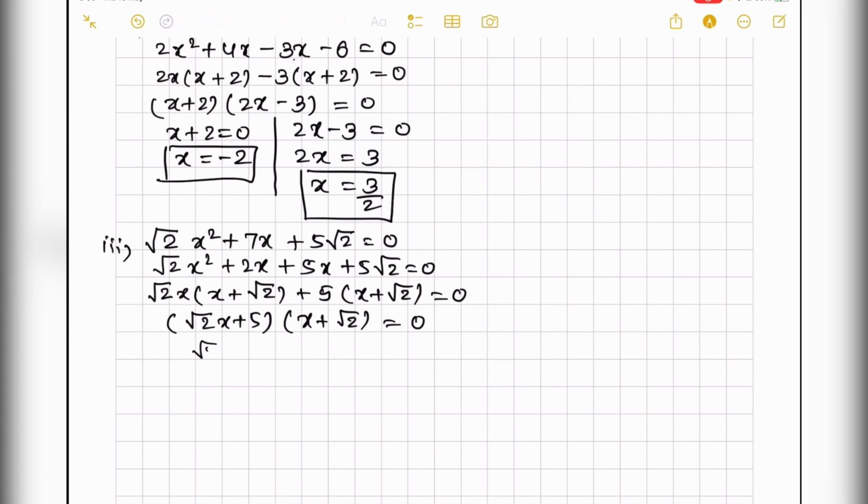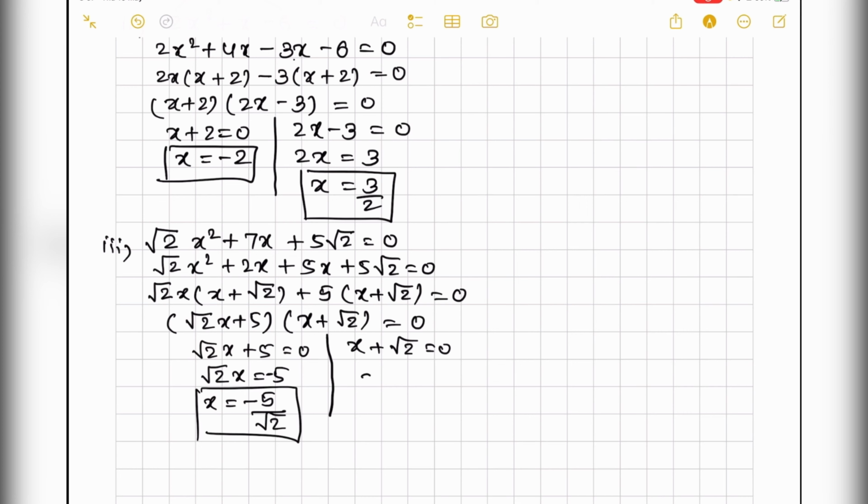So either root 2x plus 5 will be 0 or x plus root 2 will be 0. So here root 2x will be equal to minus 5, so x equal to minus 5 by root 2. And here x will be minus root 2. So these two are the solutions.